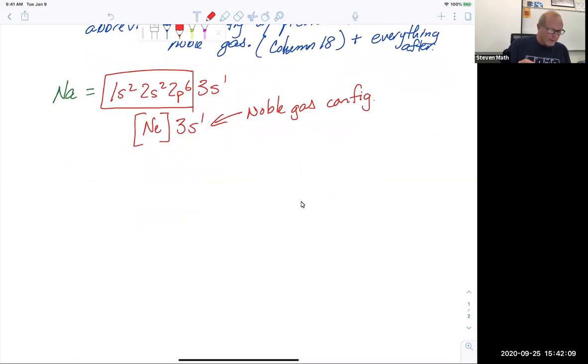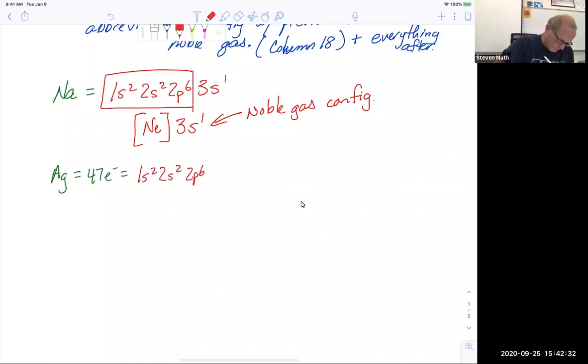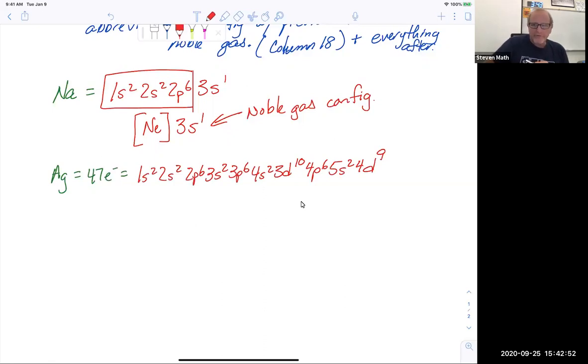So you just write the noble gas to take care of everything before that last outermost layer. This isn't such a big deal until you start getting to something relatively large, something like silver. Ag has 47 electrons. Silver's kind of unique, it's going to be an exception to filling anyway, but when I say go to the previous noble gas, find the last p6 and then add those up.